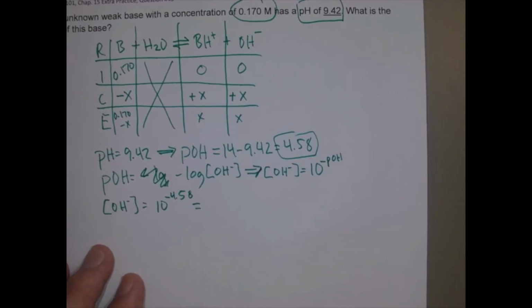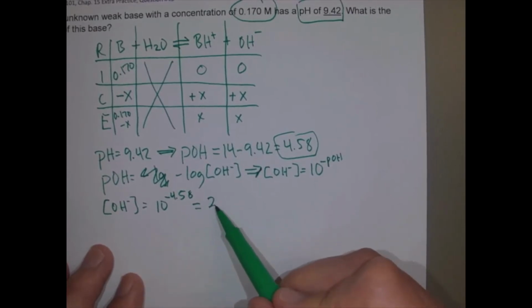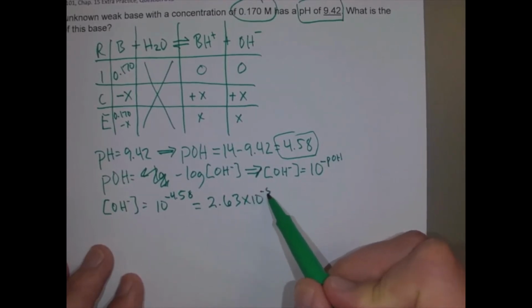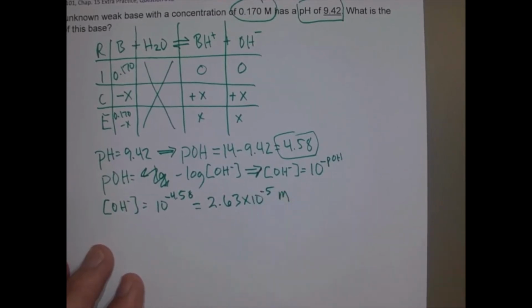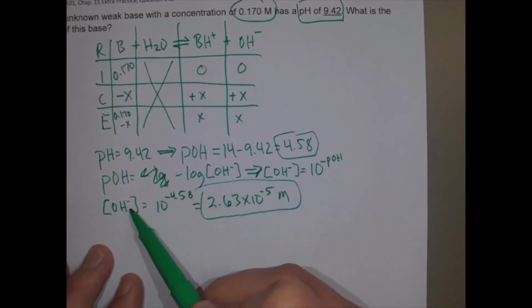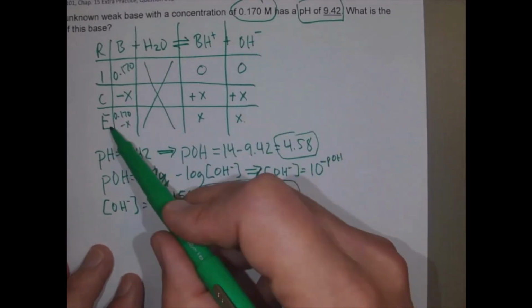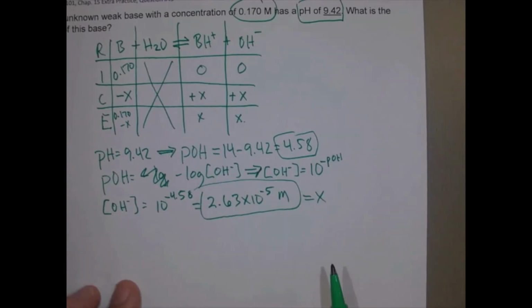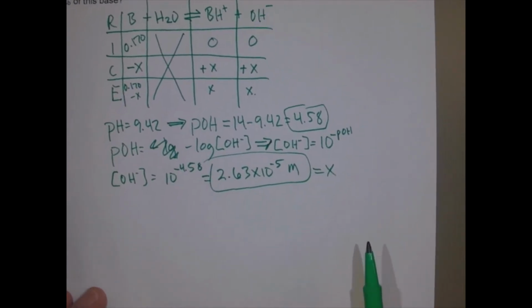And if you plug that into your calculator, it will tell you that that equals 2.63 times 10 to the minus 5 molar. All right? And the other nice thing about that equilibrium hydroxide ion concentration is that it's equal to X. Okay? So now I know X, and I'm going to use X to calculate the Kb.